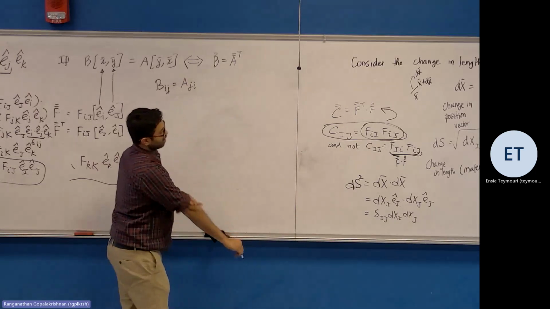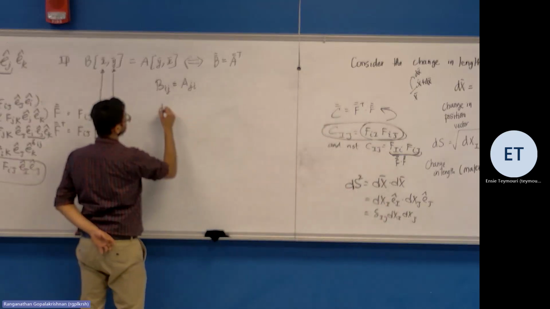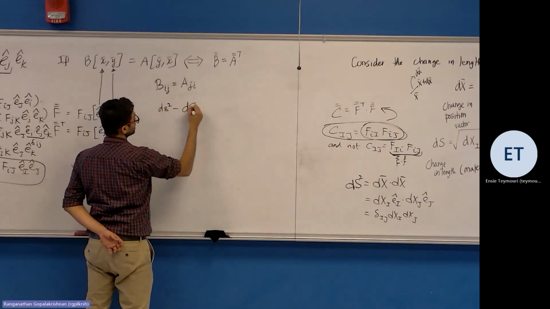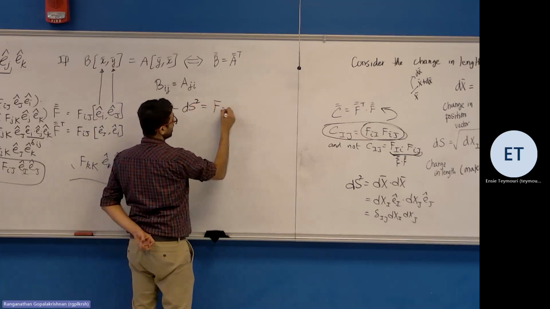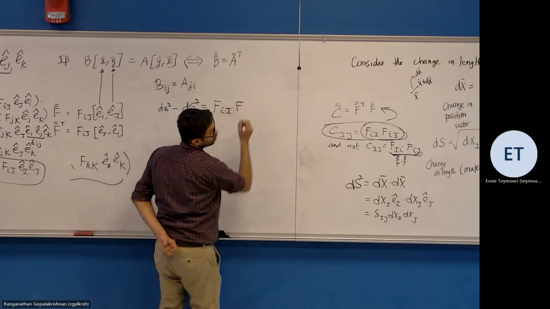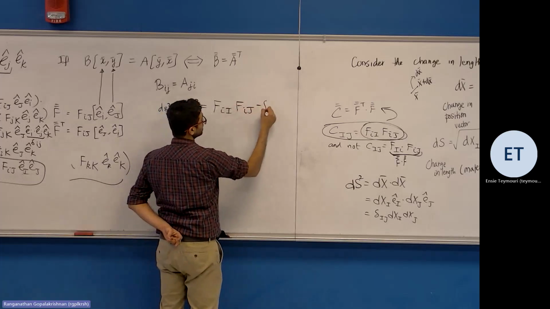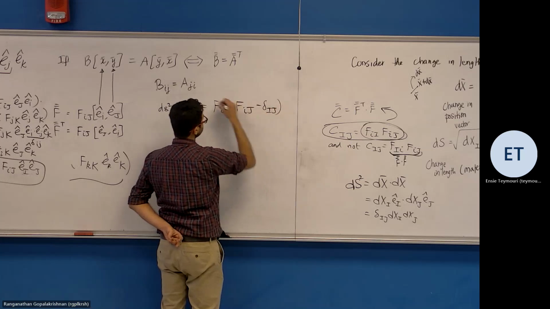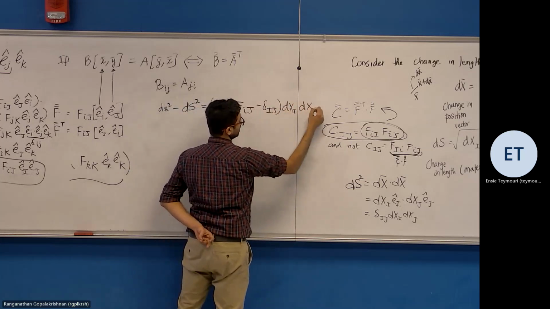All right, so we have ds squared minus dS squared equal to (F_ki F_kj minus delta_ij) dx_i dx_j.